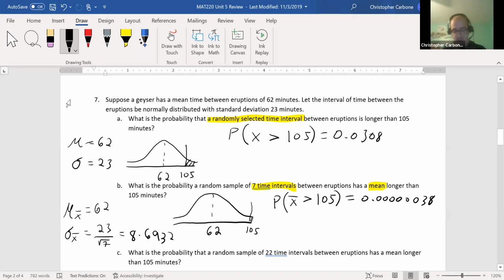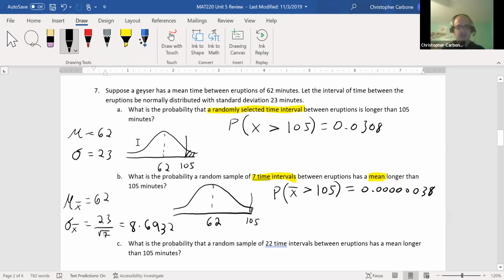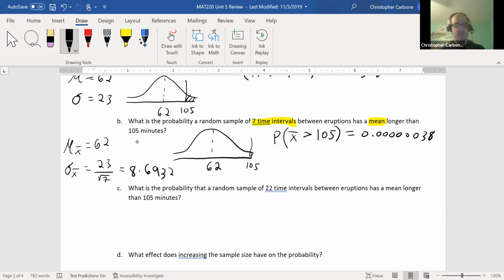And part C is actually the same exact thing. Only this one wants a random sample of 22 time interval eruptions to have a mean time longer than 105 minutes. So the mean is 62. The standard deviation of the sampling distribution of the sample mean will be 23 divided by the square root of 22.